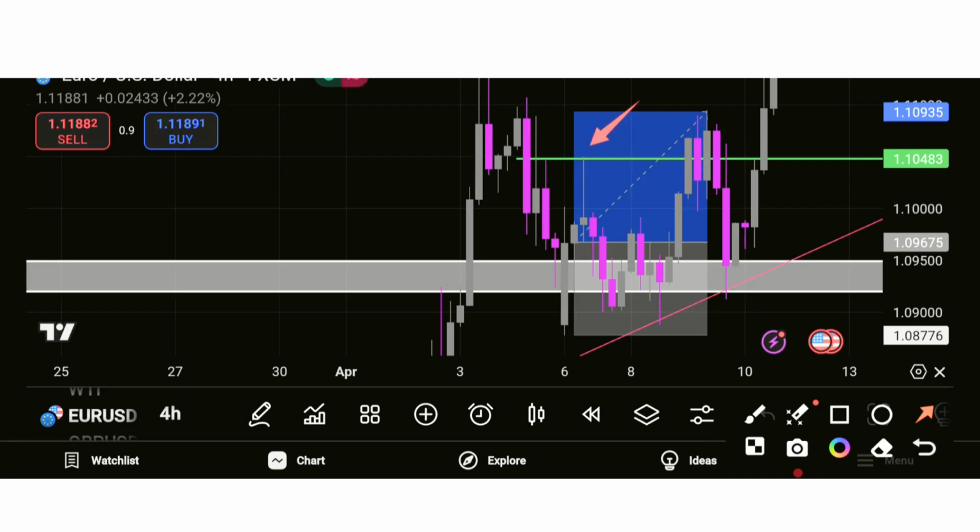After price hit that trend line, I then moved my stop loss to break even, which then became a risk-free trade, and price did eventually end up hitting my full TP over there.